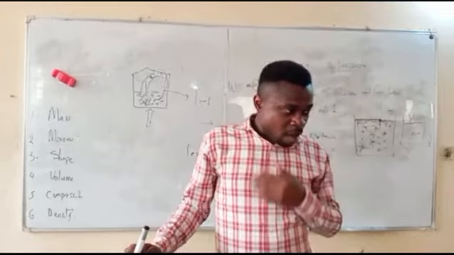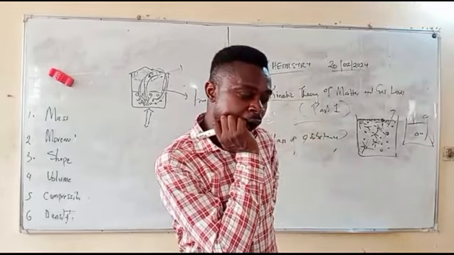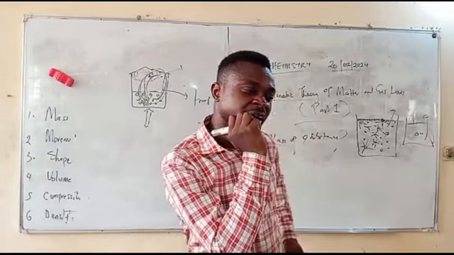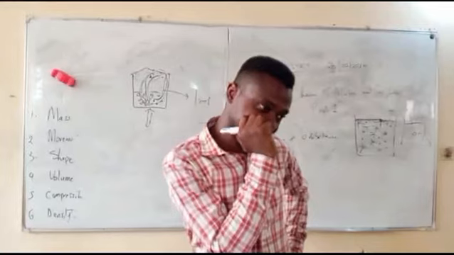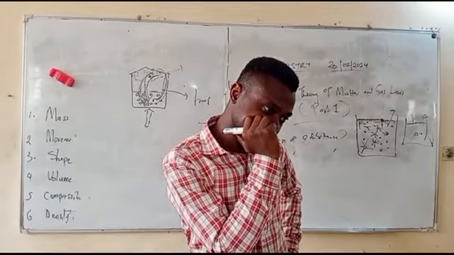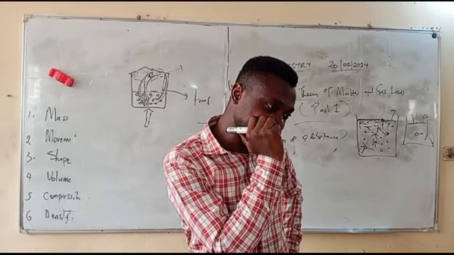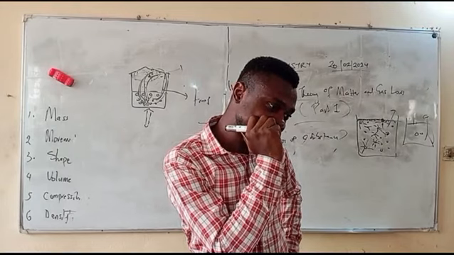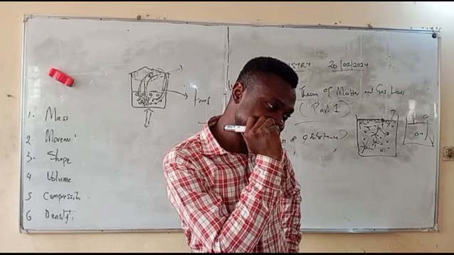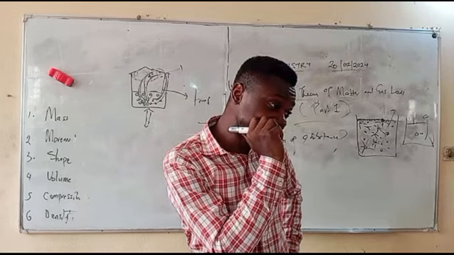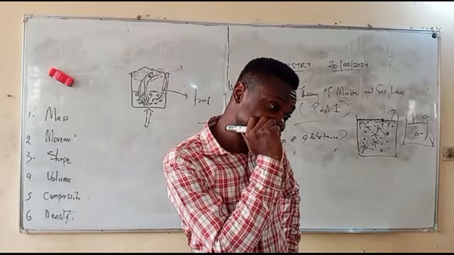Any liquid will boil when its saturated vapor pressure is equal to the prevailing atmospheric pressure. Do you know the implication? You can actually reduce the boiling point of a liquid by playing with the atmospheric pressure. If you reduce the atmospheric pressure, the boiling point of the liquid will come down.